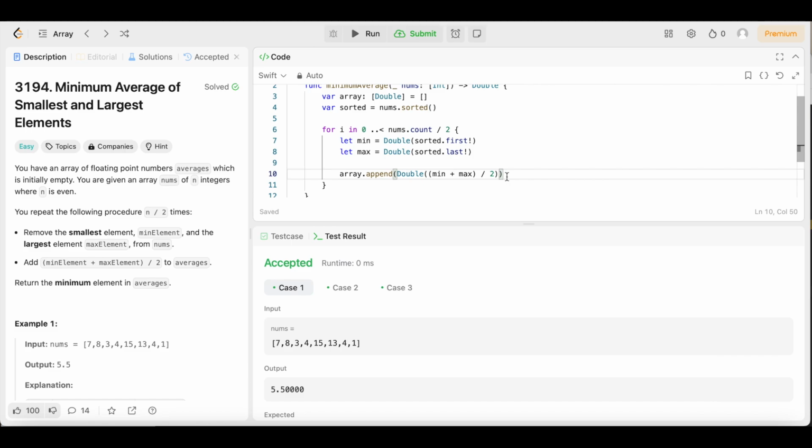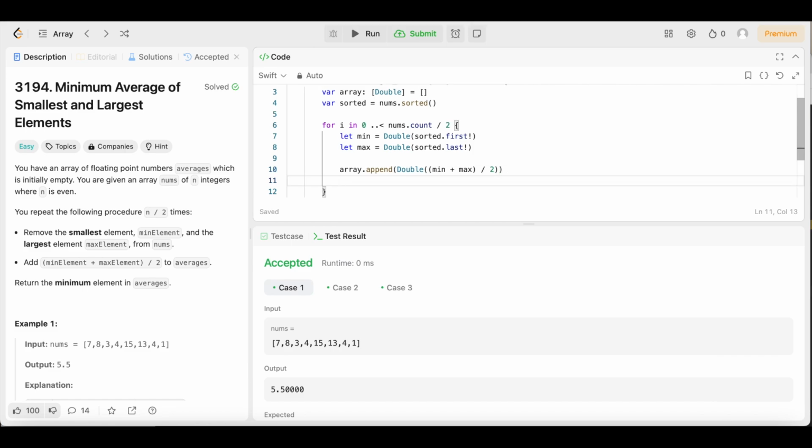Then after we do all that, after we append the minimum and max, now it's time to remove those elements from the array. So we're going to say sorted dot remove first, parentheses.